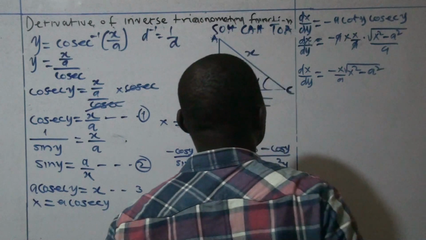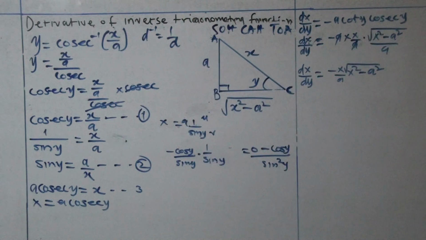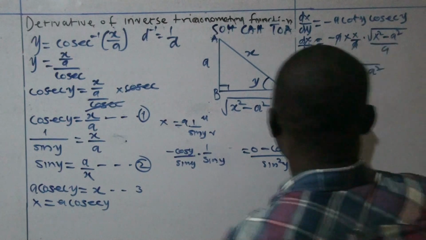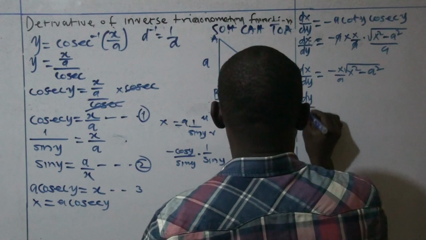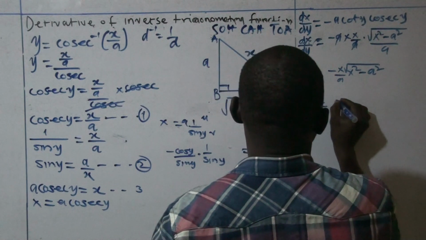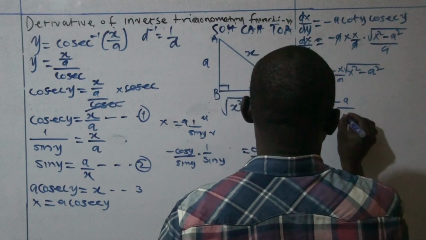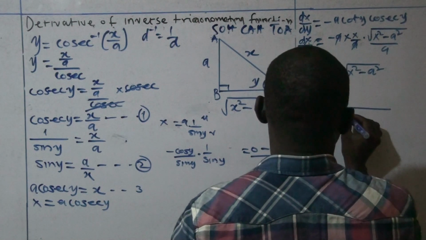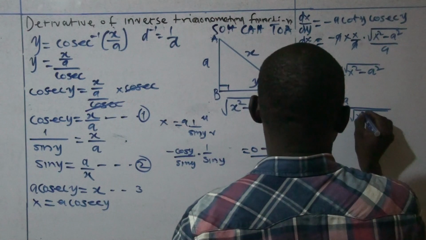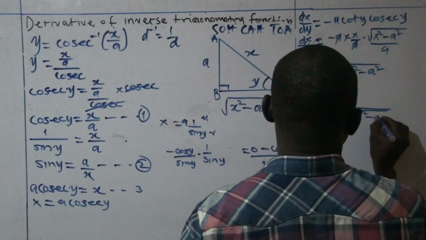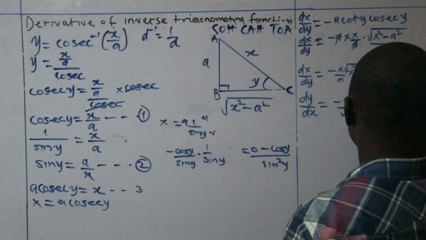But here we are looking for dy dx, that is the inverse. So this becomes dy dx equal to minus a over x times the square root of x square minus a square.